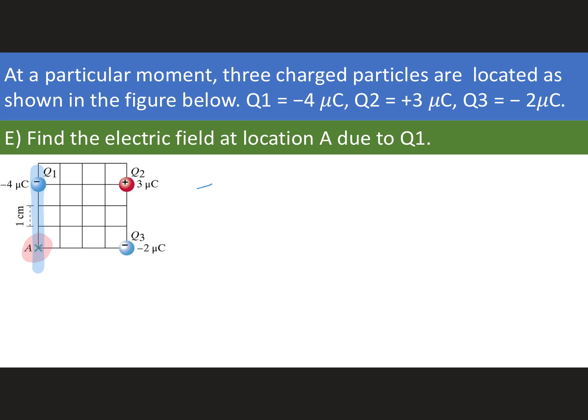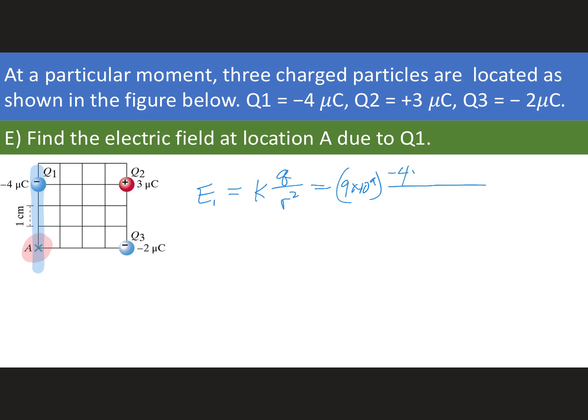So again, E, the magnitude of that field E1, and one way to write magnitude is just drop the bars and the arrows and just write it. It's going to be K Q over that R squared, whatever R squared ends up being. So 9 times 10 to the 9th for that K value.